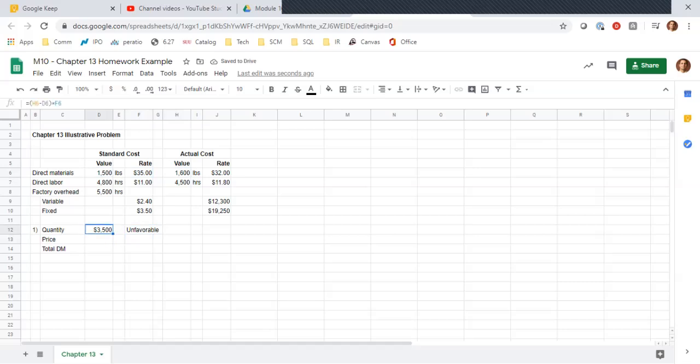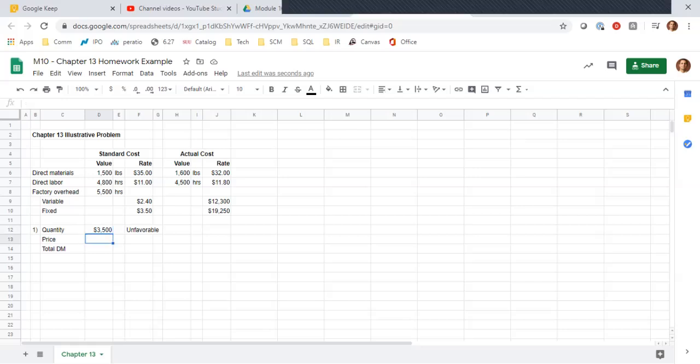So usually when I do this, I use absolute values. I'm not going to do that now, but just keep in mind that just because this is positive doesn't make it favorable, or just because it's positive doesn't make it unfavorable. It depends on the variance and why you have that value, whether it's favorable or unfavorable.